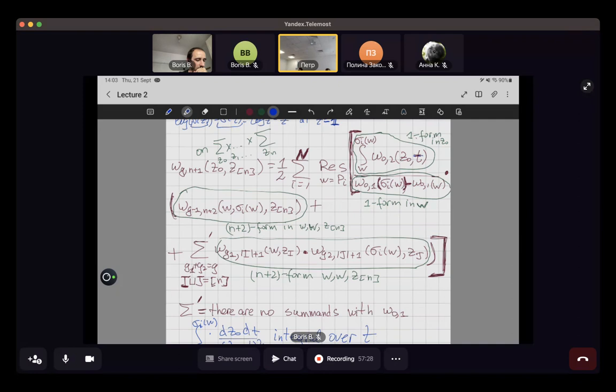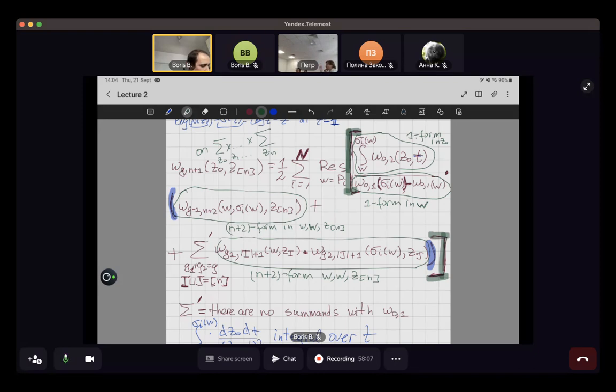So where do the brackets begin and where do they end? Let me write it like this. We have this blue bracket with these small blue brackets and these big green brackets. So in blue brackets we have an n plus 2 form in variables w, w, z1, etc., zn.